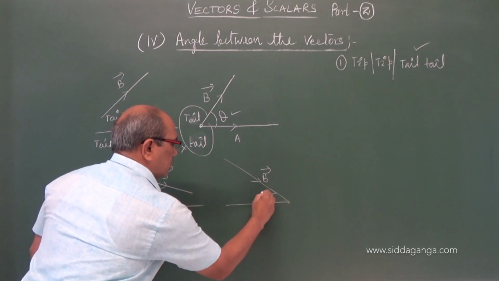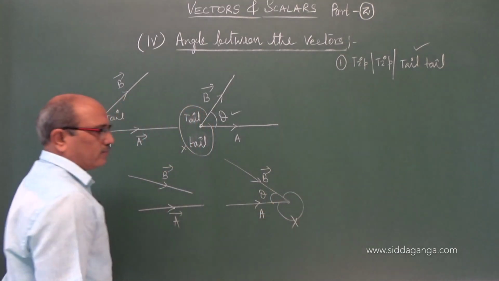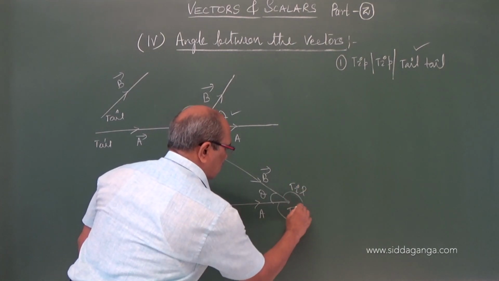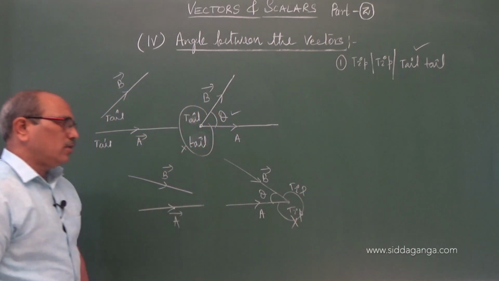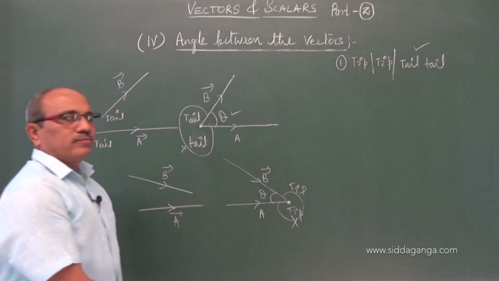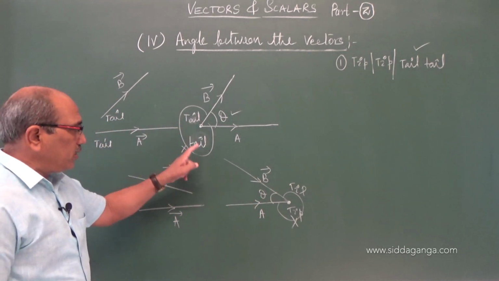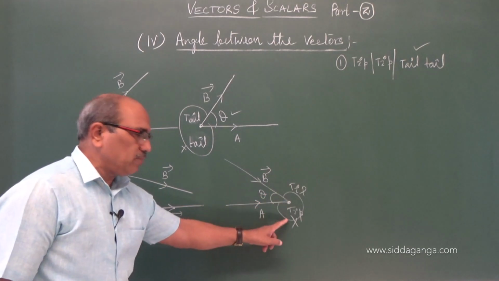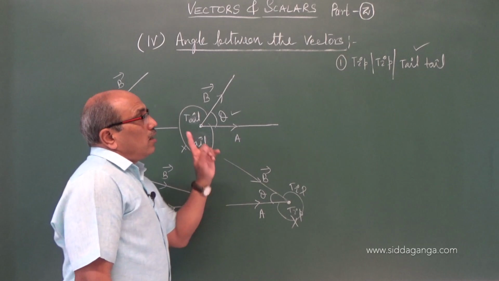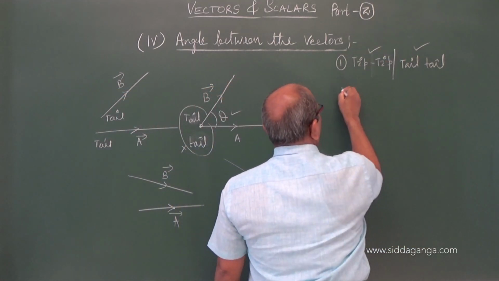So we got the angle theta here. And this we do not consider, and this is nothing but a tip joined with the tip. Tip to tip we joined. In both cases, either you can make tail to tail or tip to tip to form the angle between the two vectors. I have shown you both cases, tip to tip and tail to tail.